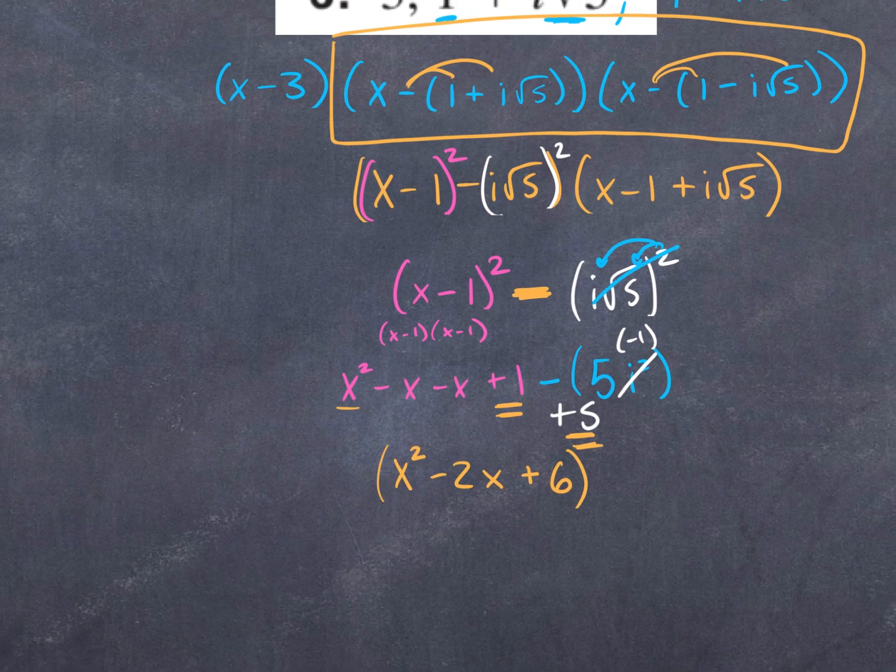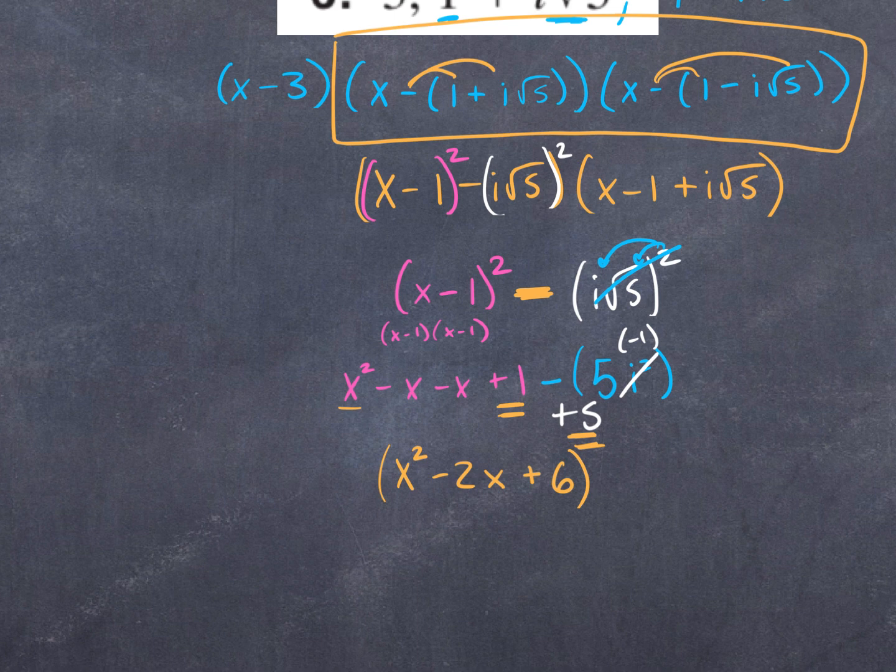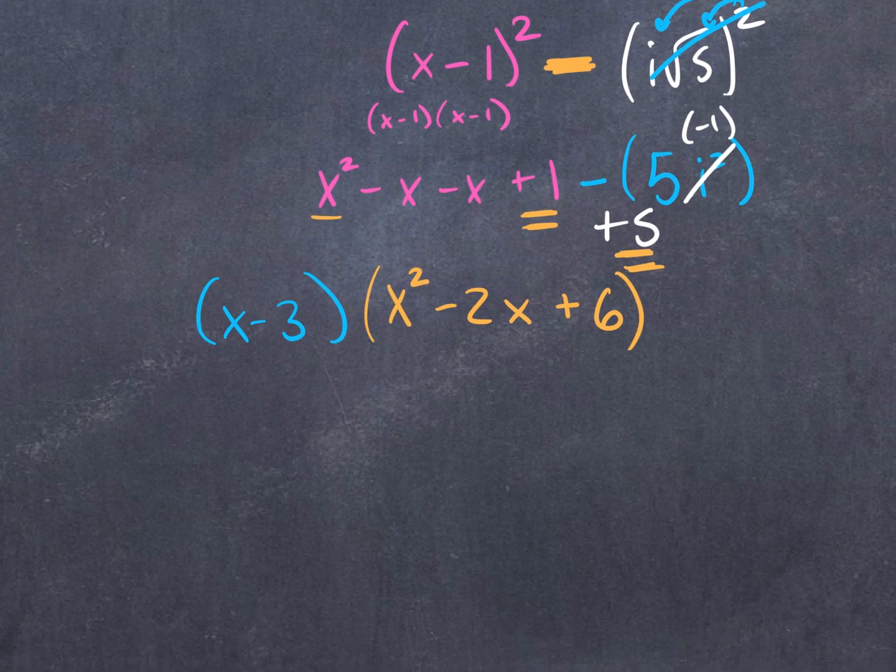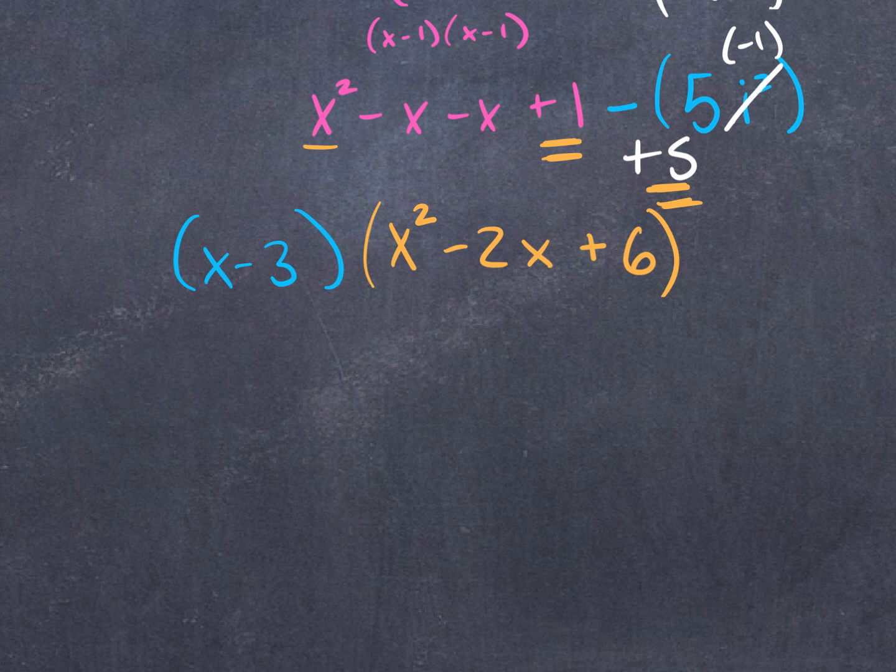What do I have to do next? Perfect. I can't forget about that third piece that I need to multiply into it too. So I have x minus 3 times x squared minus 2x plus 6. So we just have to make sure everything in the first piece gets multiplied to everything in the second. So starting with x, what is x times x squared? X cubed.